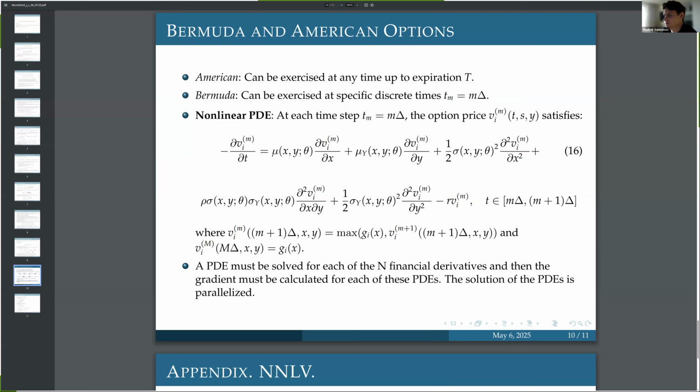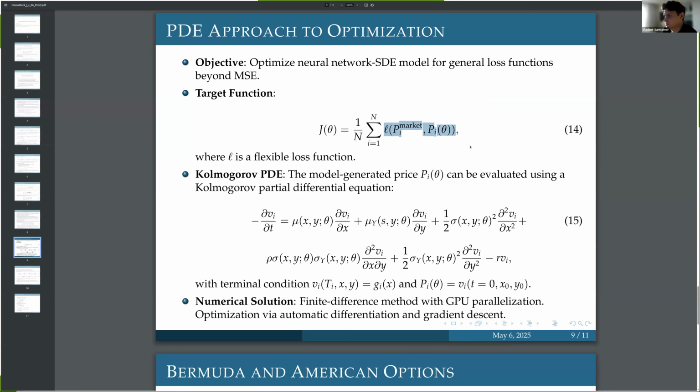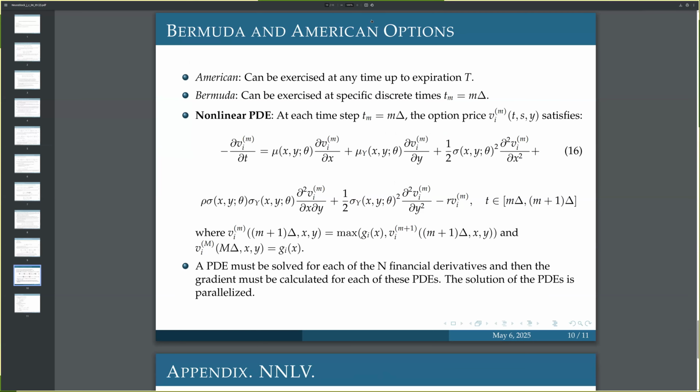Their neural network predicts drift terms and volatility terms. They put it in this equation, then they solve it and get the model generated price, and use it in this loss function to update model parameters with stochastic gradient descent. Okay, now I will show you the results.